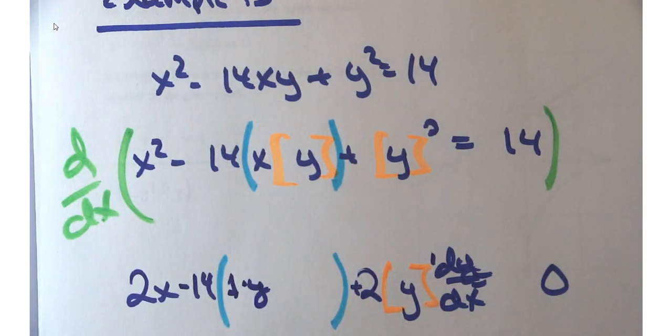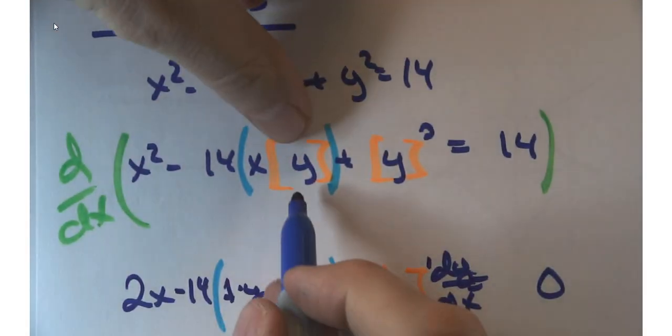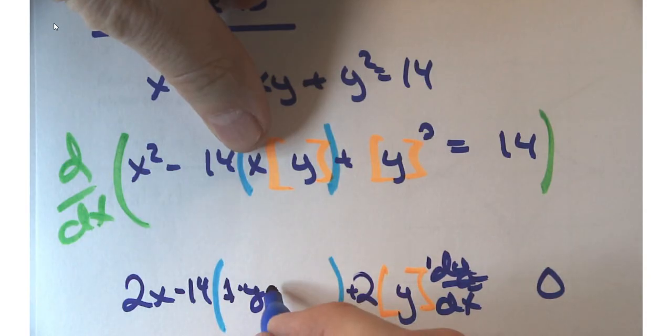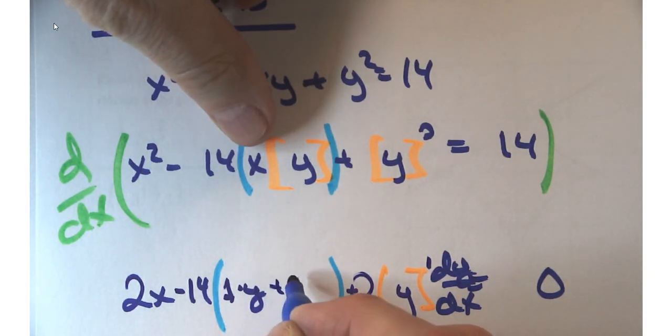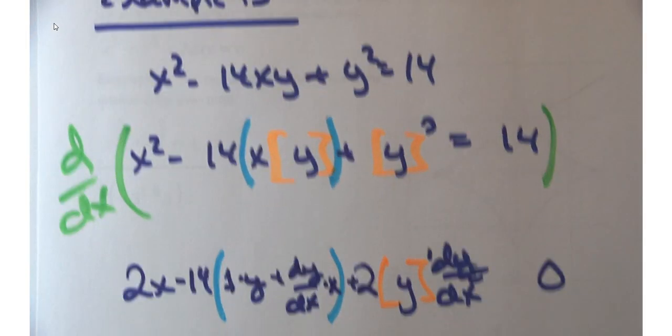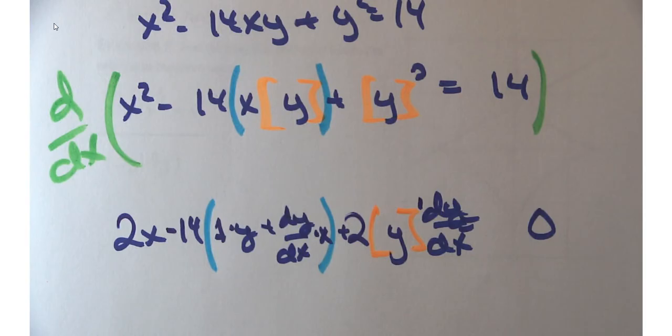Yeah, just y. Nice. And then the derivative of the second times the first. So plus dy by dx times x. I'm sorry, I'm squeezing that in there a little bit. Should have given myself a little bit more room.